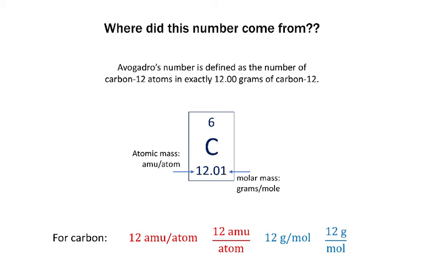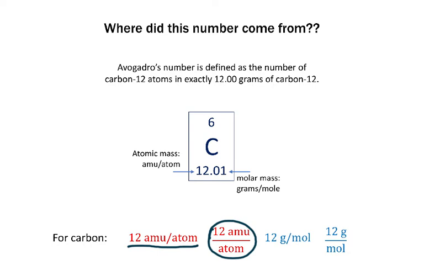But the way we've defined the number of moles is it's also 12 grams per mole, right? So we could write 12 atomic mass units per atom, or as a ratio, kind of like we did when we found the molecular mass of water earlier, right? Or magnesium chloride, or glucose.